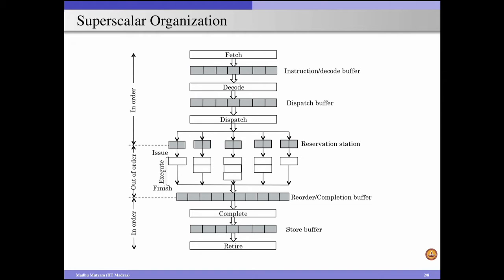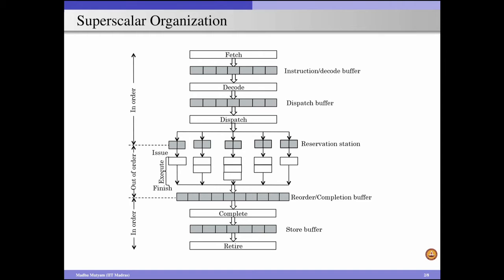In some processors, they combine the dispatch buffer and the reservation station together, whereas in some designs they separate the dispatch buffer and the reservation stations. Again, there are advantages and disadvantages with each of these designs, but in this particular organization, after dispatching, these instructions will be moved to different reservation stations, and we have one reservation station for each functional unit.